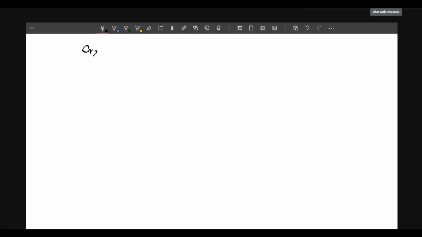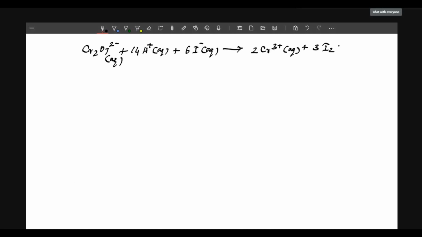Take down this: Cr2O7 2-, plus 14H+ aqueous, plus 6I- aqueous, giving 2Cr3+ aqueous, plus 3I2 solid, plus 7H2O liquid.